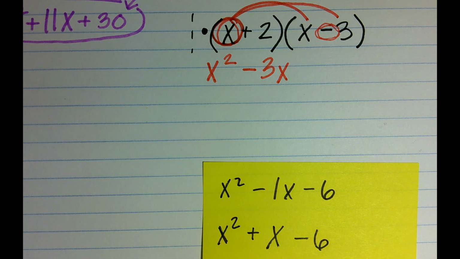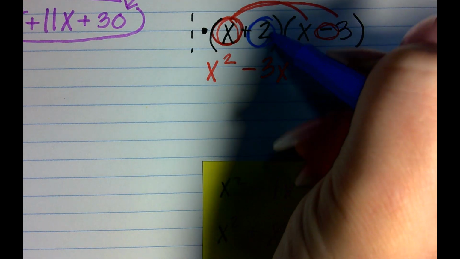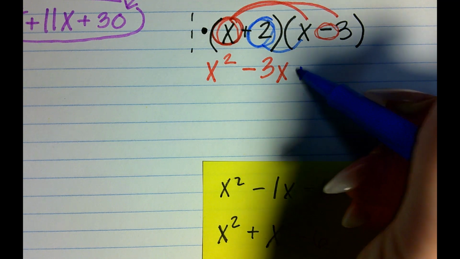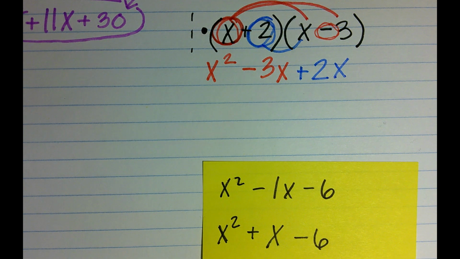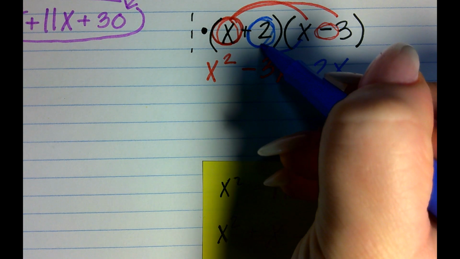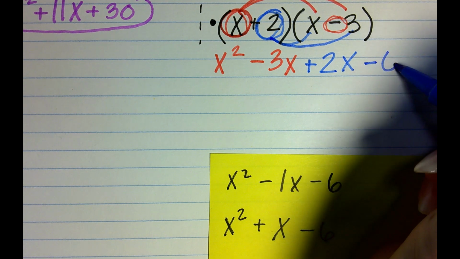Go ahead. What's the next part? 2x. Yeah, distributing. Plus 2x. Good, and this is positive. Then 2 times 3, which is negative 6. Good. Now 2 times negative 3, which is negative 6.